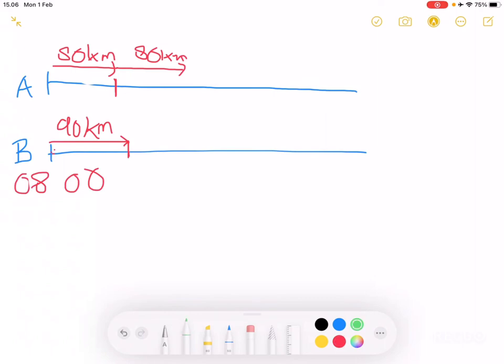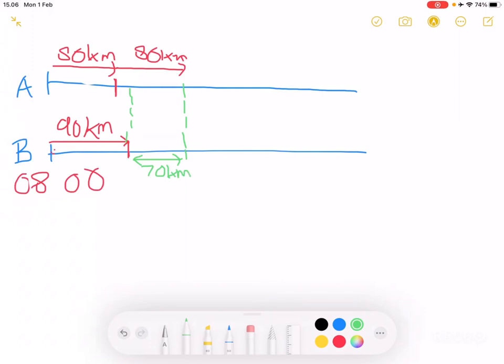And what's the distance between car A and car B right now? Before, at 7, the distance between car A and car B is 80 kilometers. So it's pretty simple to notice that the distance between car A and car B at 8 o'clock is 70 kilometers.